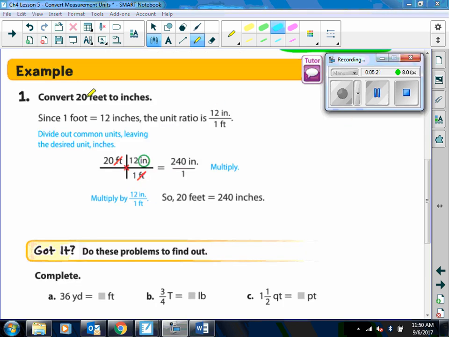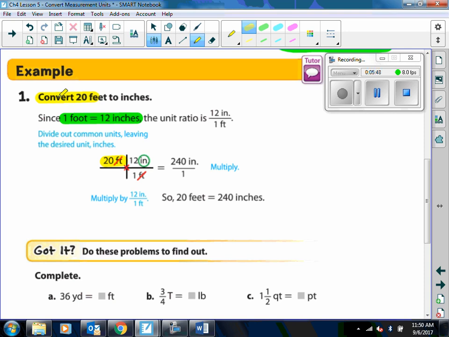All right, so in this example, we're going to convert 20 feet to inches. So here, the conversion factor that we're looking at is 1 foot is equal to 12 inches. So when we start, we're going to start with a dimensional analysis table, okay? And we're going to start by putting what we're starting with in the top left-hand corner.